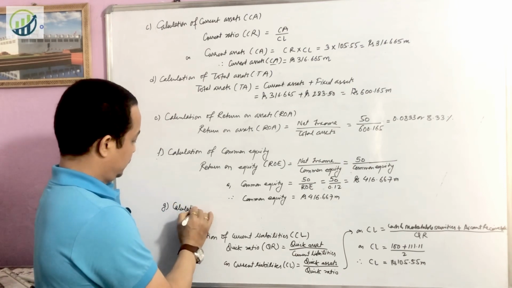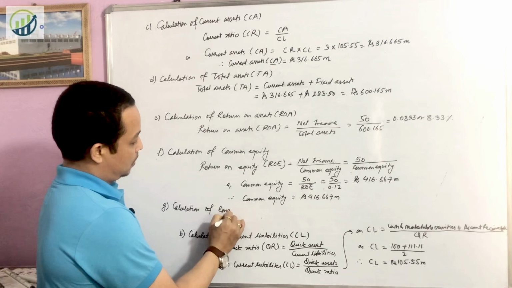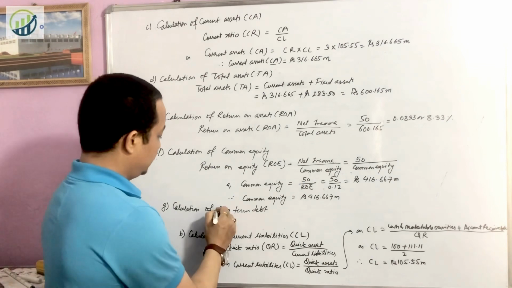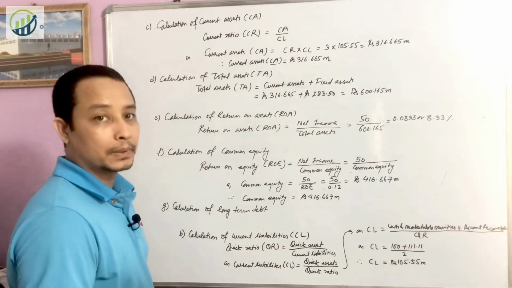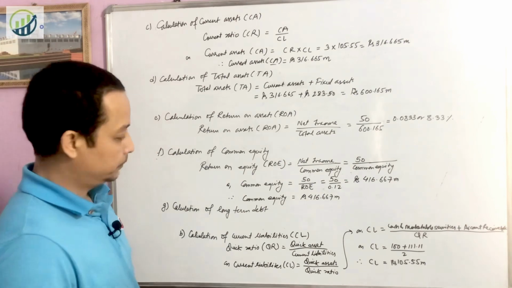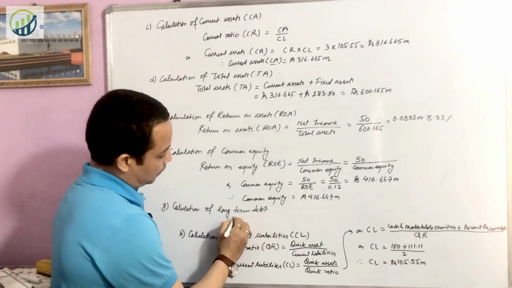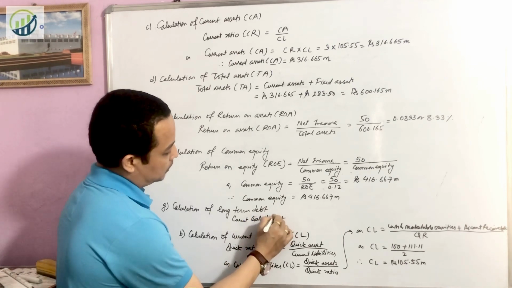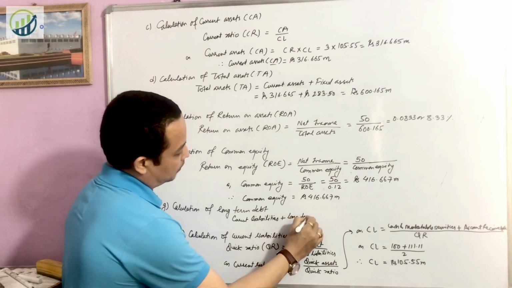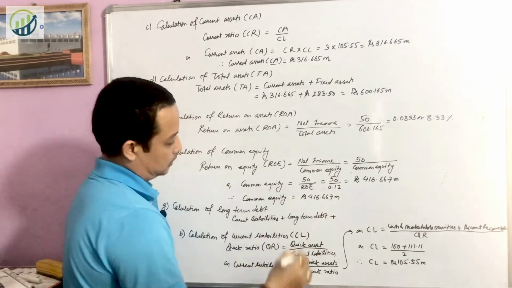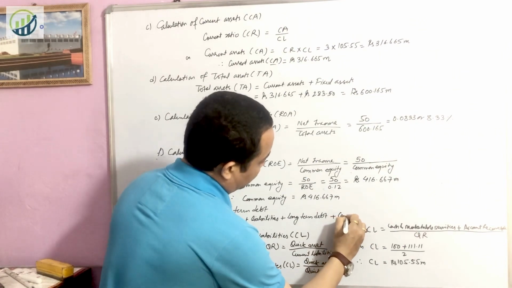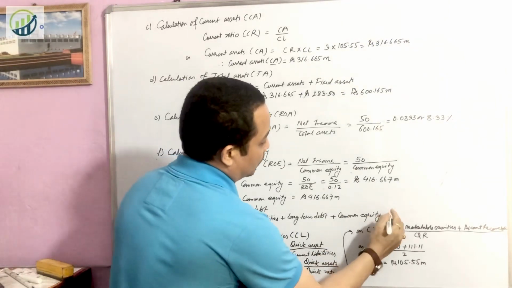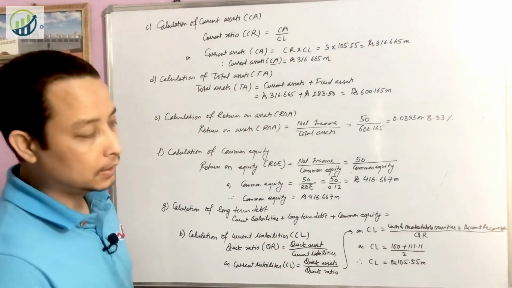Calculation of long-term debt of the company. To find long-term debt of a company, you have to write a relation here. Current liability plus long-term debt plus common equity equal to total liability and equity.